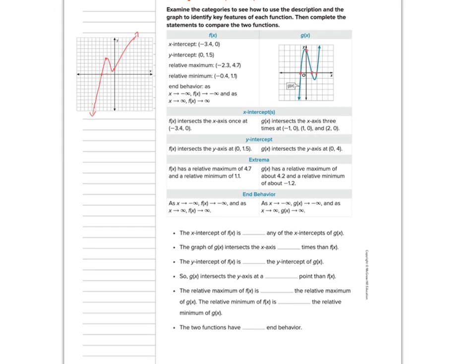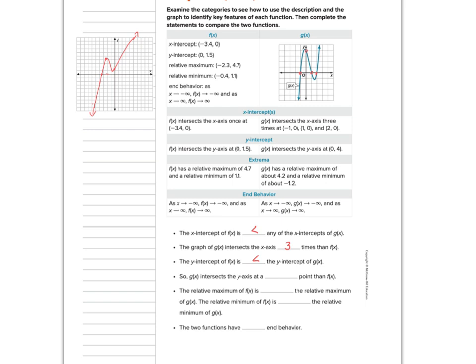And then making what happened here. The x-intercept of f of x is blank any of the x-intercepts of g of x. It's less than, because it is a smaller x-intercept value. The graph of g of x intersects the x-axis 3 times. The y-intercept of f of x is less than the y-intercept of g of x.